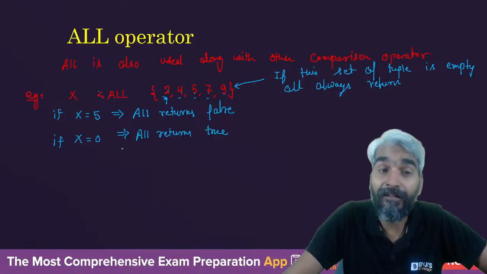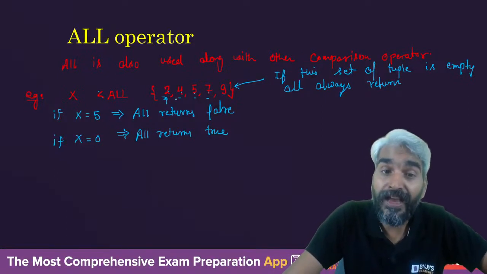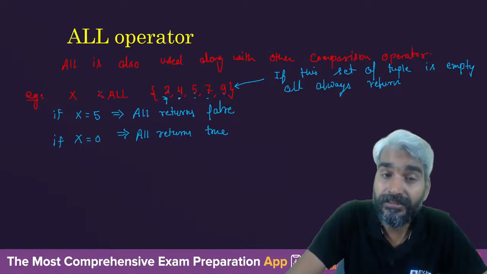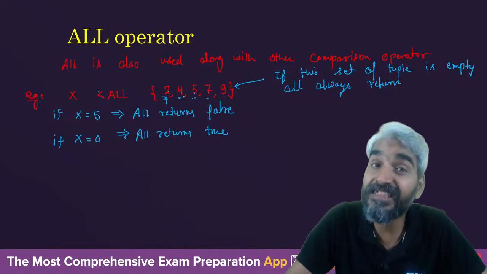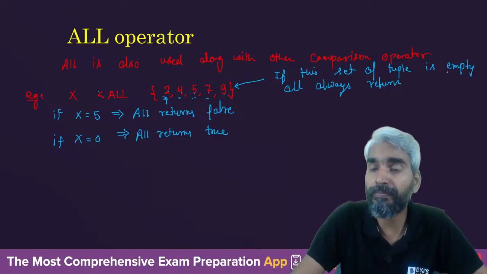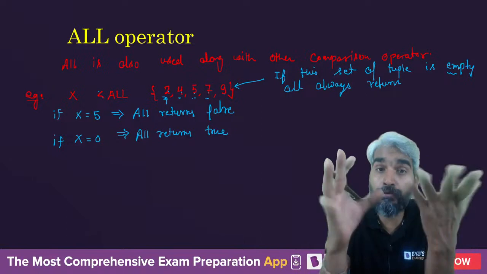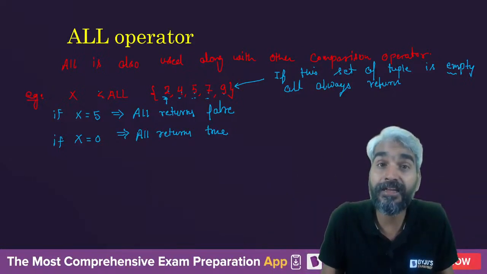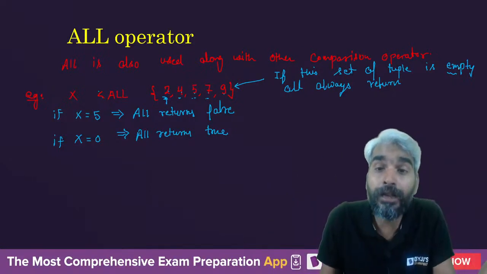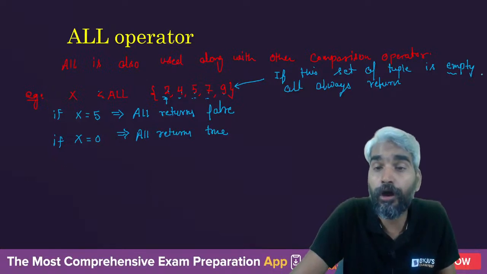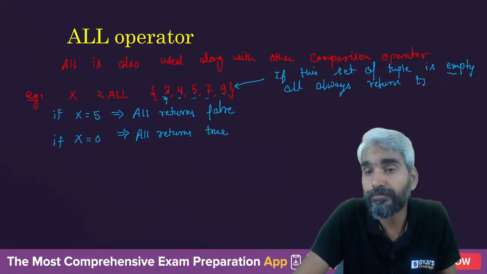So what's the idea? All will return false if any tuple of the set fails the comparison condition. So if the set is empty, then there is no one to fail the comparison condition, and therefore all will return true. Therefore all always returns true.